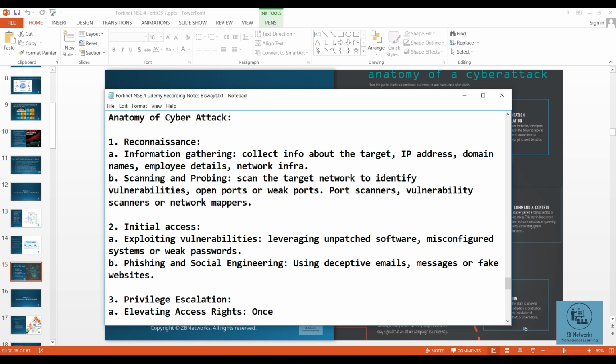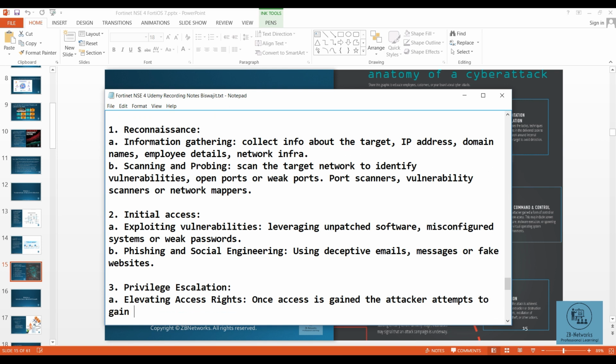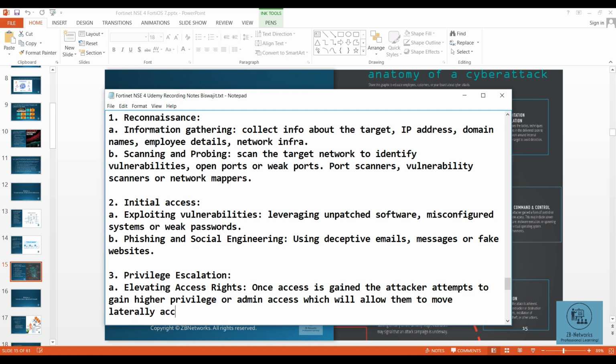So the whole idea is that once access is gained, the attacker attempts to gain a higher privilege, or you can say admin access, which will allow them to move laterally across the network and access more sensitive data and resources. It's a very, very important step.